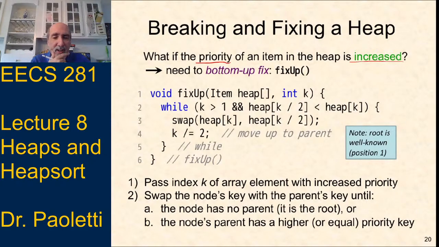The code is saying, hey, you gave me an array of items and an integer k. k is the index whose node's priority has changed.